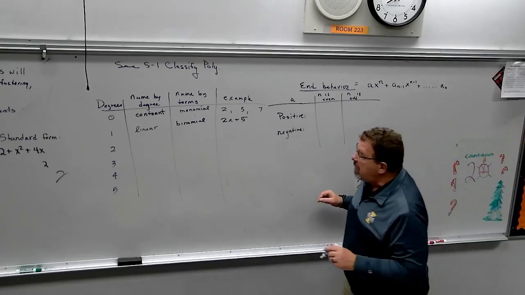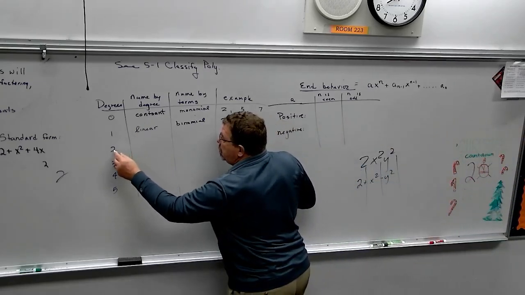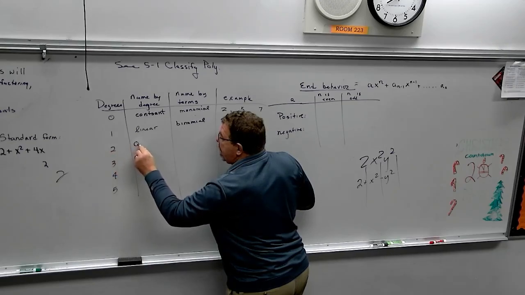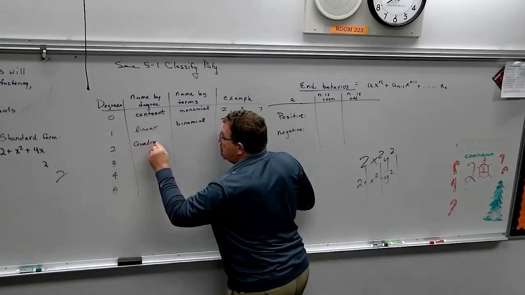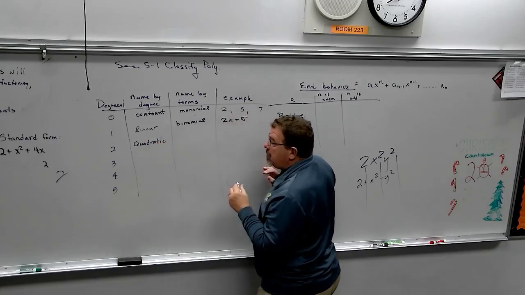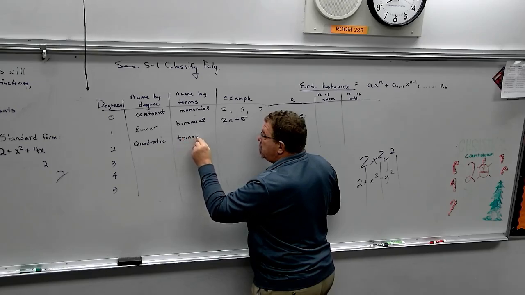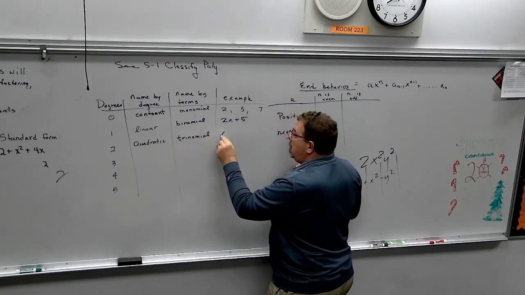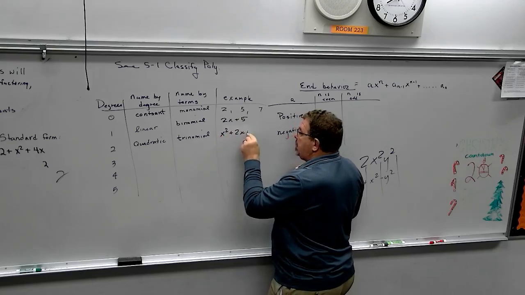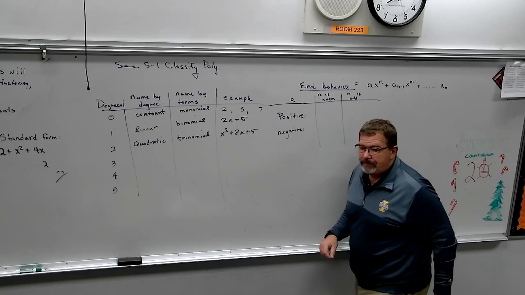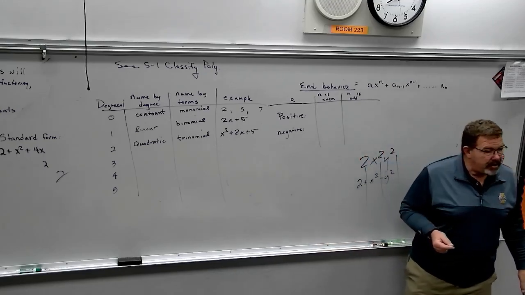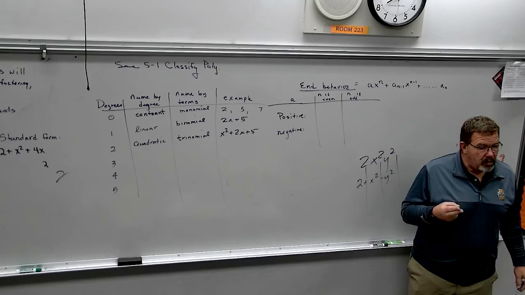Make sense? If you have a degree of 2, we would say it's quadratic. Quadratic. And we would call this one a trinomial. This would be an example of a quadratic trinomial. I have an x squared. Quadratic means 2. Quad.